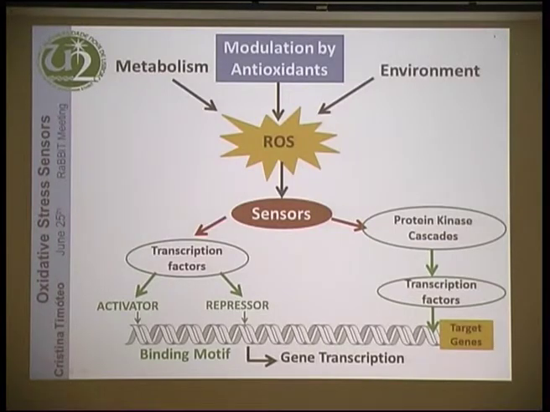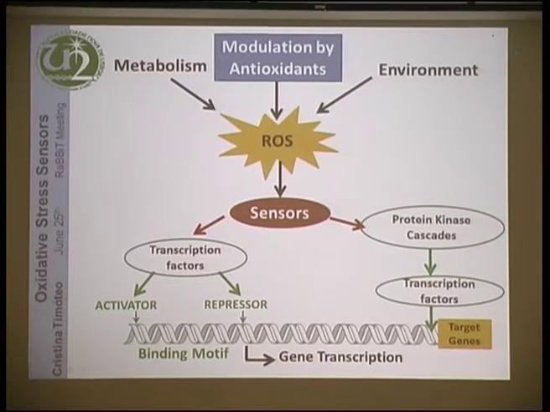So the organisms need to have sensors, proteins that sense the amount of ROS and that allow for it to be balanced and always more or less in the same level. So these sensors may act in two different ways.